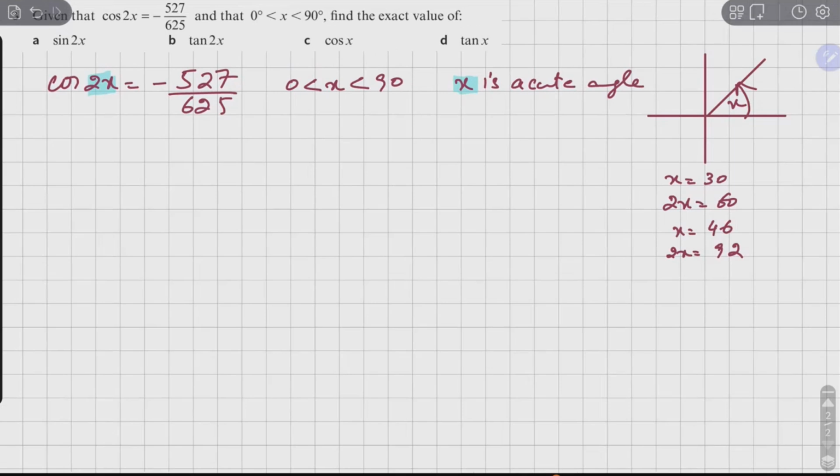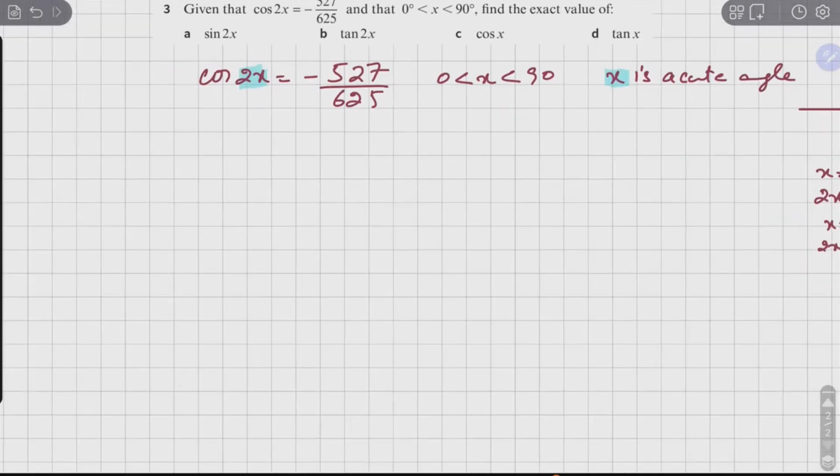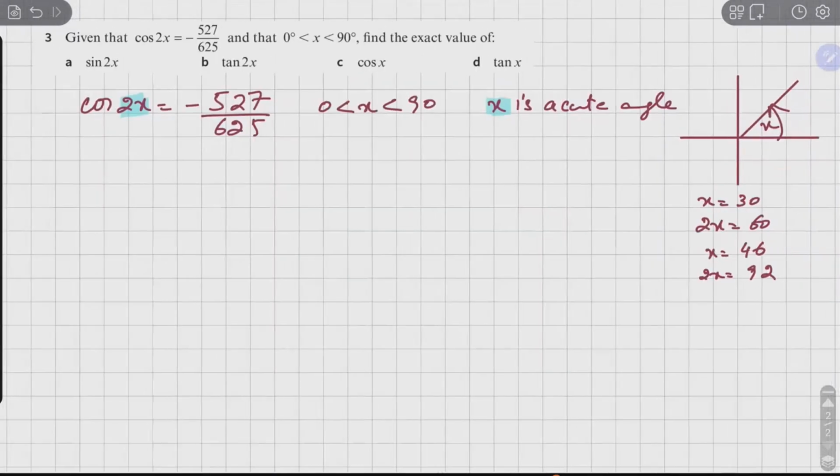We cannot make a triangle to find the value of tan 2x and sin 2x because it is the angle which is in the second quadrant. All right. I need to find sin 2x. अच्छा, sin 2x अब फाइंड करना है तो क्या कर सकते हैं?